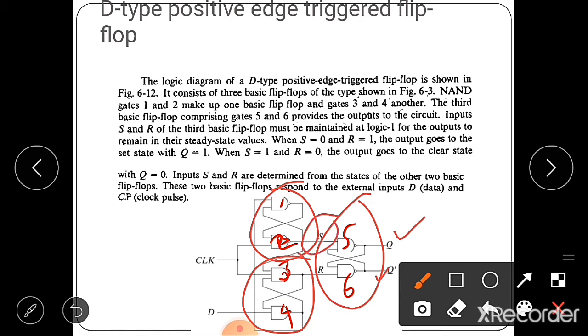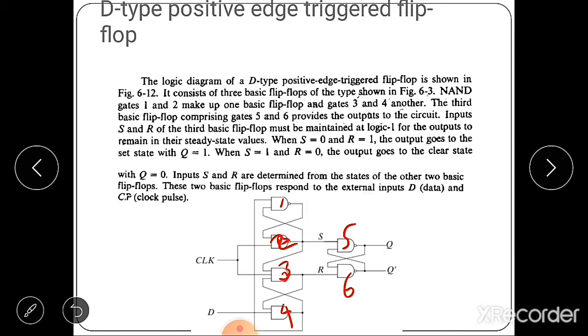S and R. The inputs S and R of the third flip-flop must be maintained at logic level 1 for the output to remain in the steady state. If S and R inputs are 1, 1, then the Q and Q bar state will be in a steady state value.